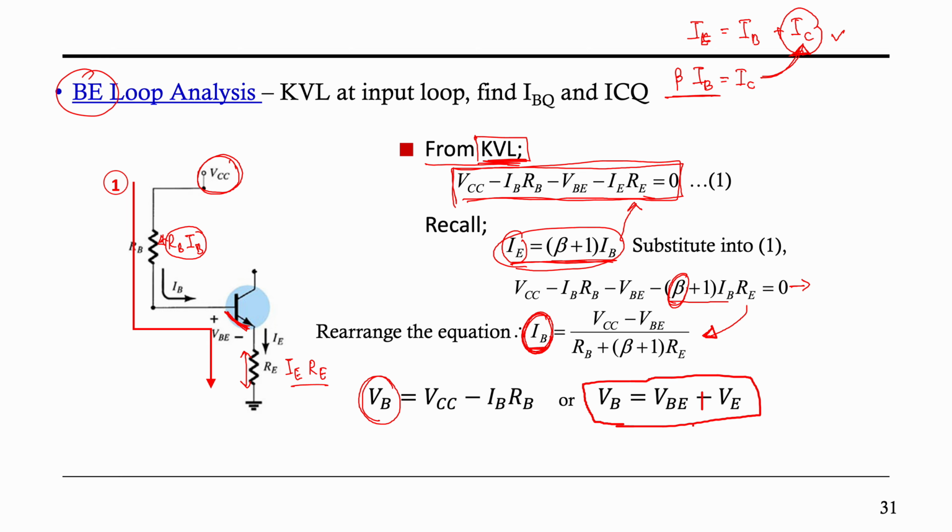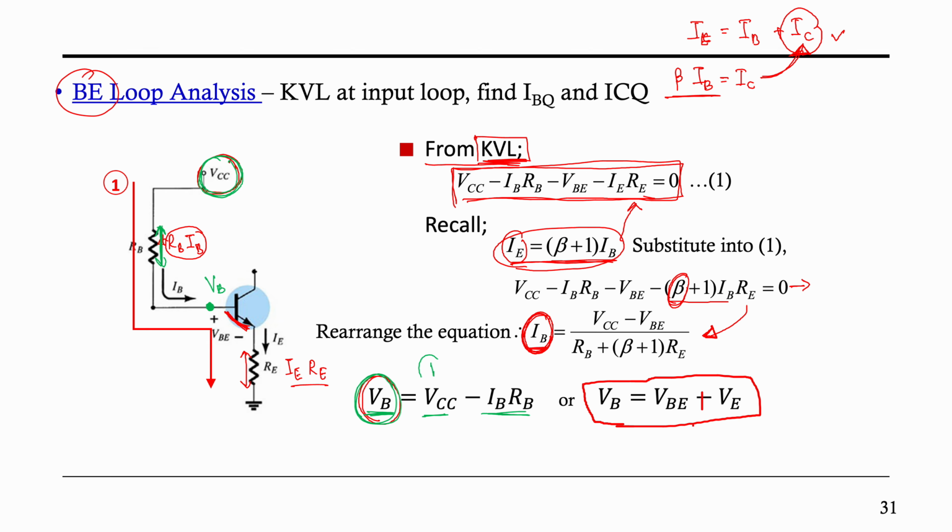Let me change the color of the pen so that you can recognize it. Here is the value of VB. As mentioned earlier, VB will be the voltage source VCC minus the voltage drop across the base resistor, so VCC minus IBRB gives the value of VB.